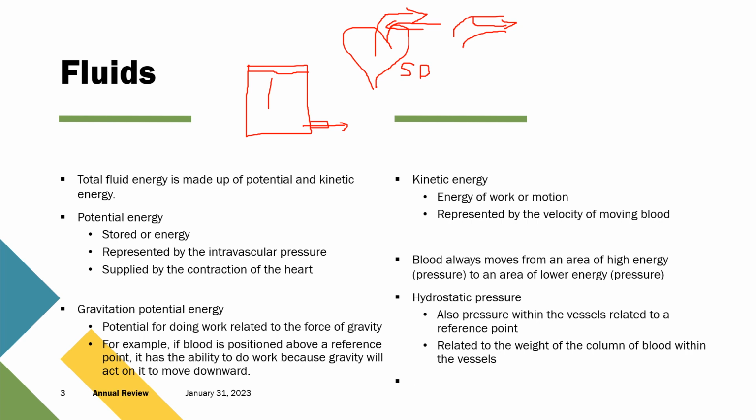So we have a lot of different considerations of how potential and kinetic energy affect blood flow, and it's important to understand these when we start looking at vascular changes or vascular waveforms in the body. Like I mentioned, gravitation actually works as a potential energy, and just from personal experience, if you have a tube of water that's long and a tube of water that's short, because more gravity is acting on that long tube of water, that's going to create more pressure, whereas less gravity is on the shorter tube of water, so there will be less pressure.